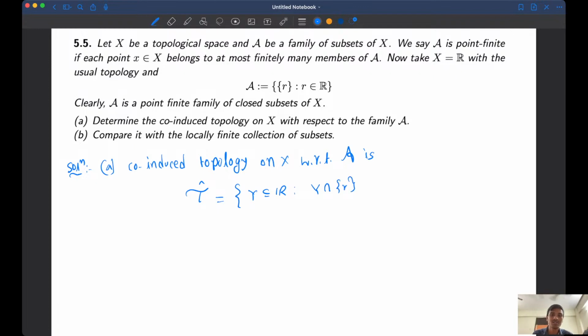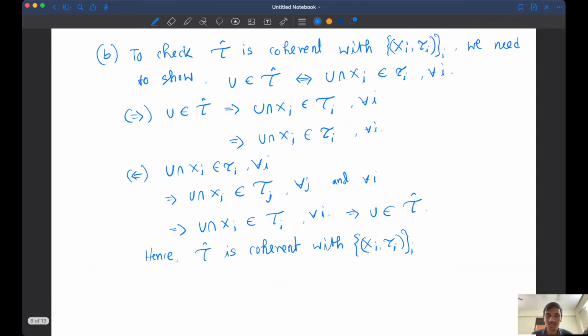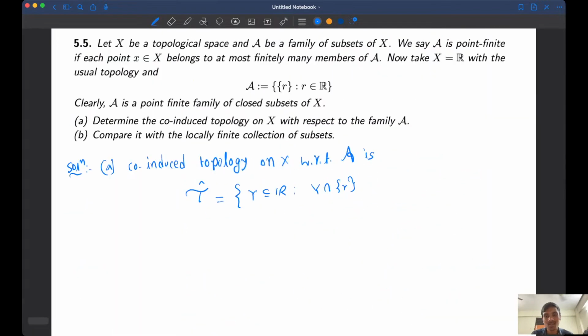I'm not writing all the inverse maps, but that is indeed the same intersection. That topology contains only phi and the singleton {r}. That is the only topology induced from the topology of R, right? So this is for all r belonging to R.